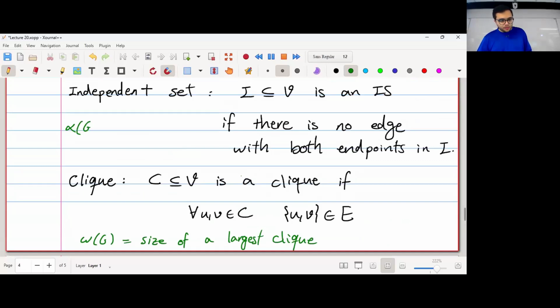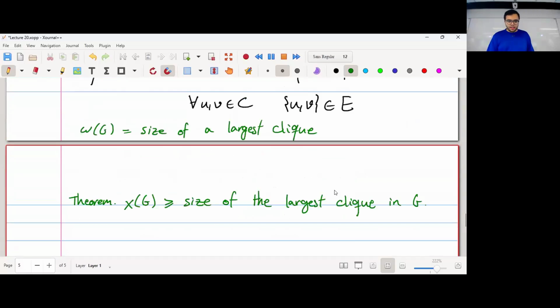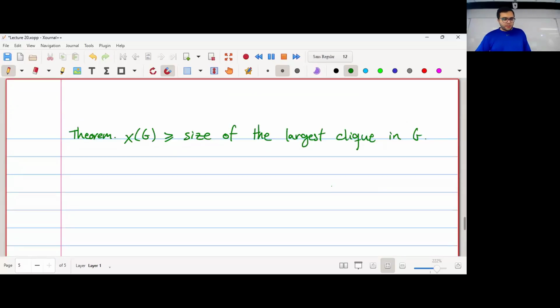So I use alpha here. This is the size of a largest independent set. Okay. So I want to prove that the chromatic number is greater than or equal to omega of G.